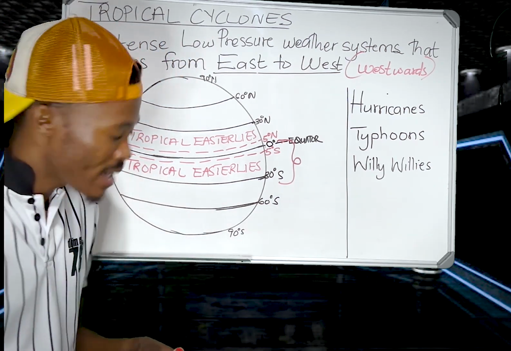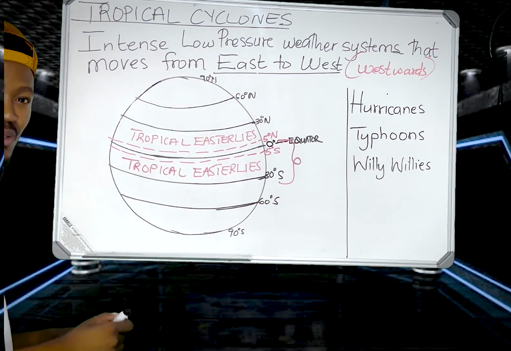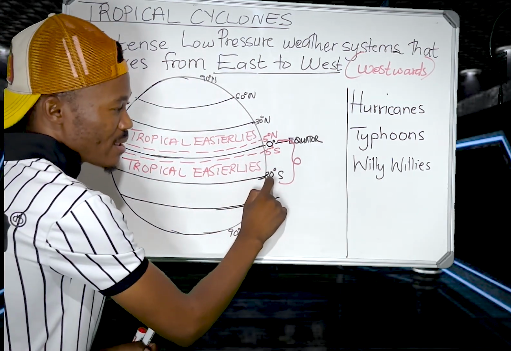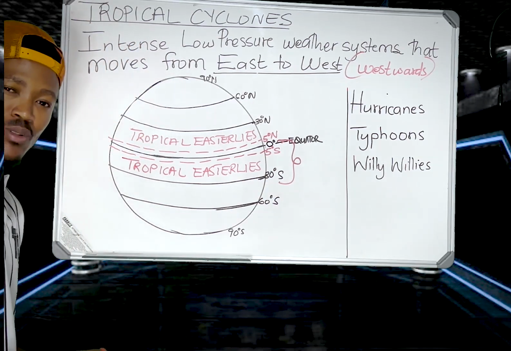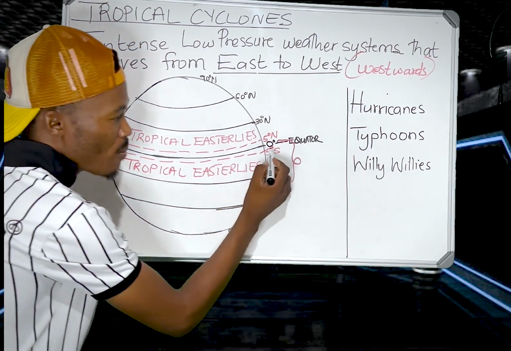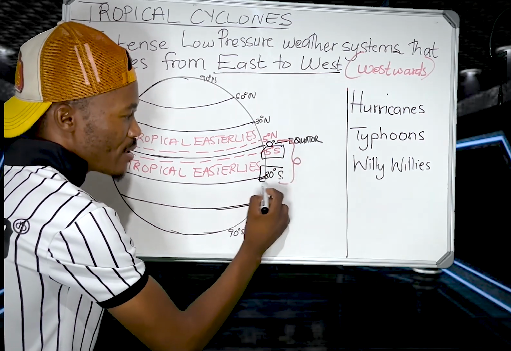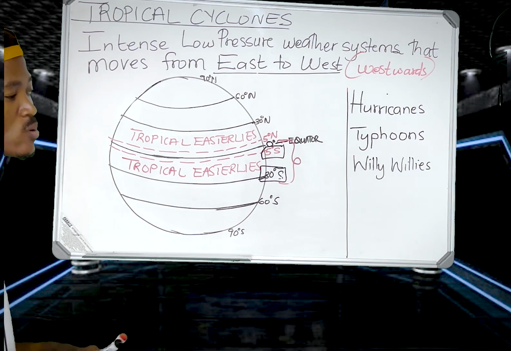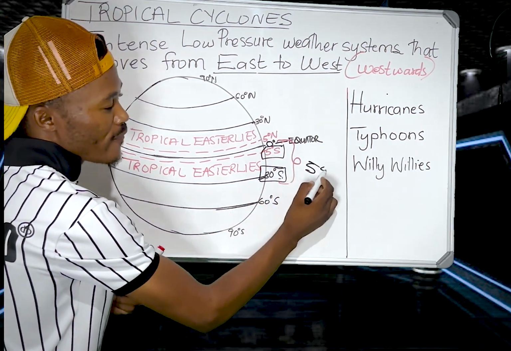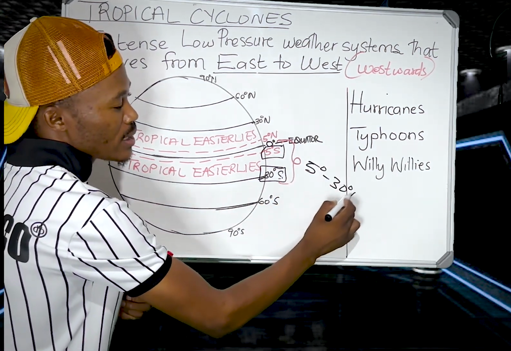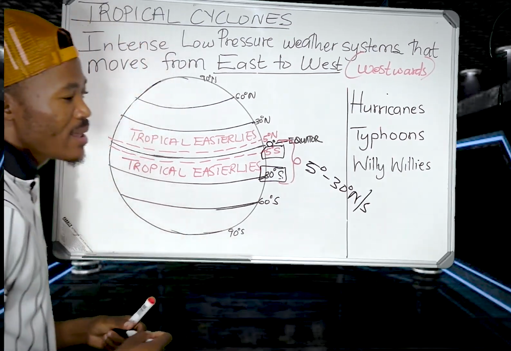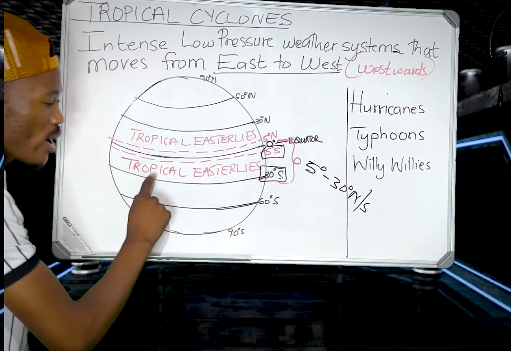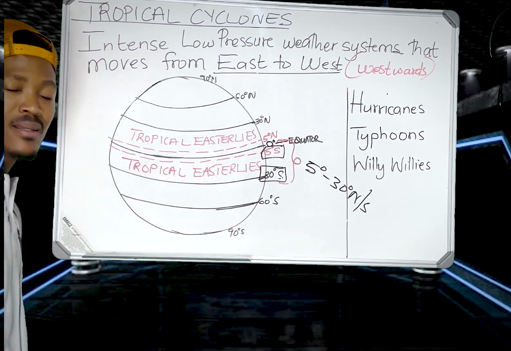You will say that tropical cyclones develop between 0 and 30 degrees latitude, but they form from 5 degrees to 30 degrees latitude in either hemisphere. In this wind belt, this is where we find our tropical easterlies.